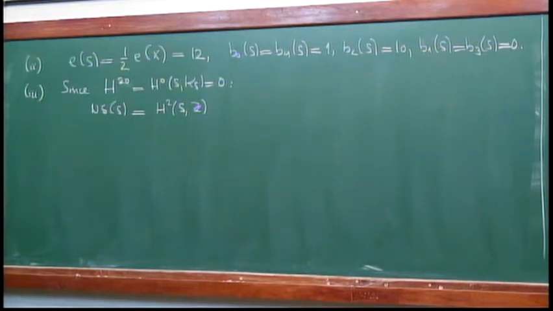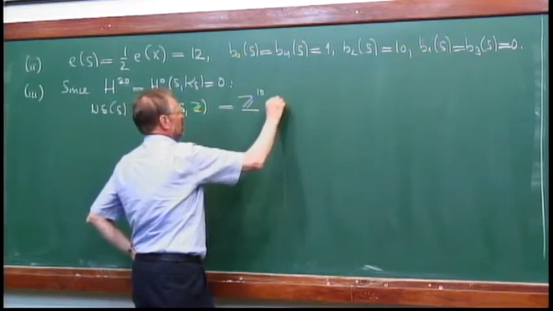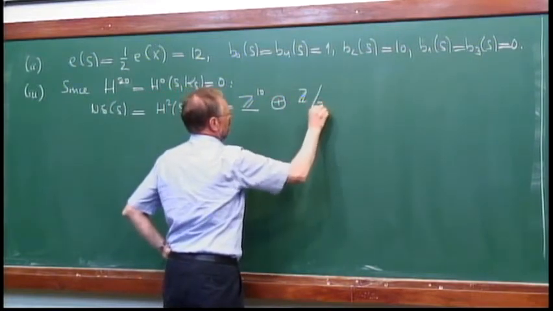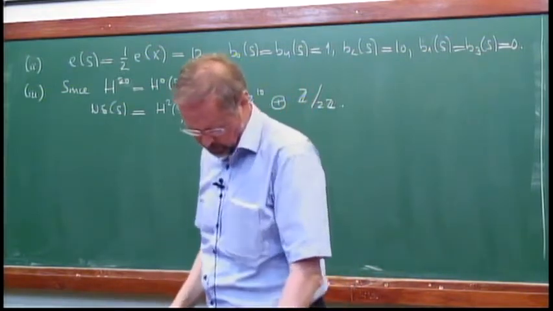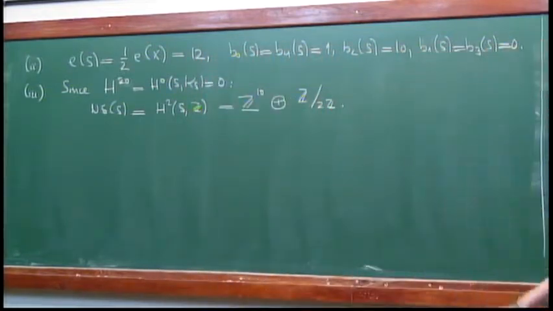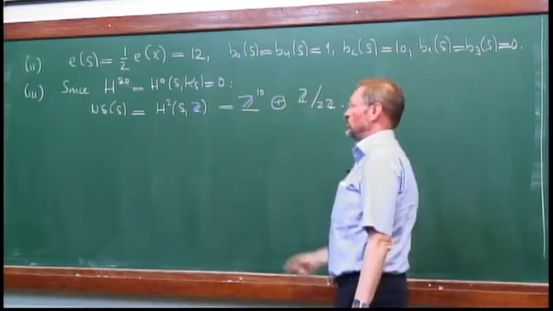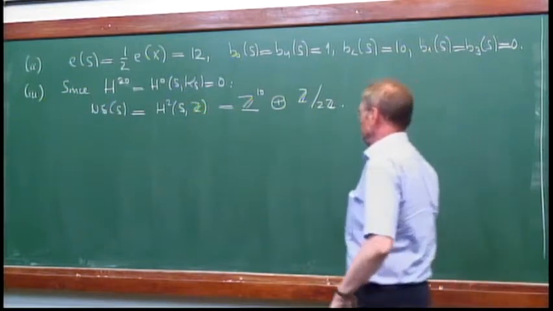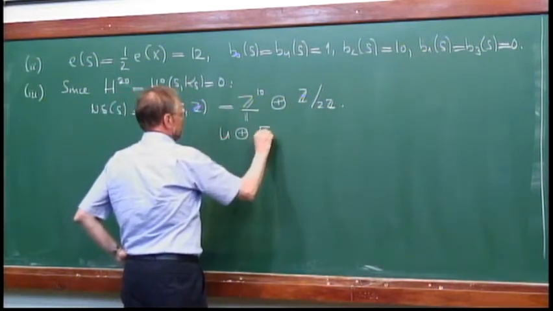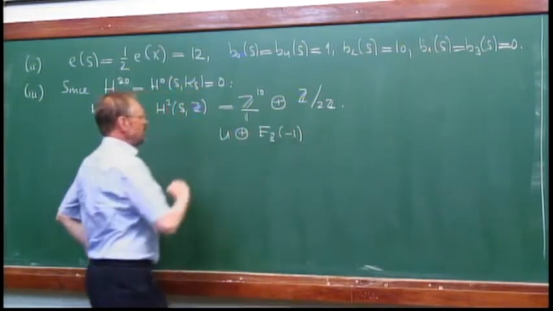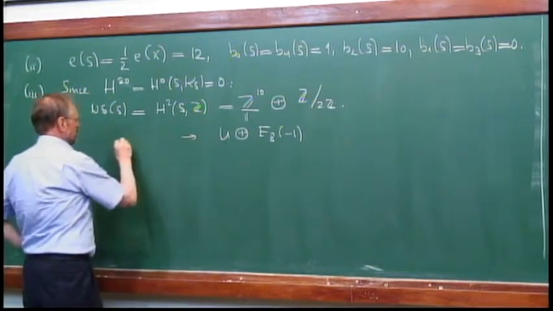And this is Z^10 plus 2-torsion coming from the root of the canonical bundle. And of course, I've got a cup product, which gives the free part of the Néron-Severi group a lattice structure. So as a lattice, this is U plus the negative E8. And the U is, of course, the hyperbolic plane here.